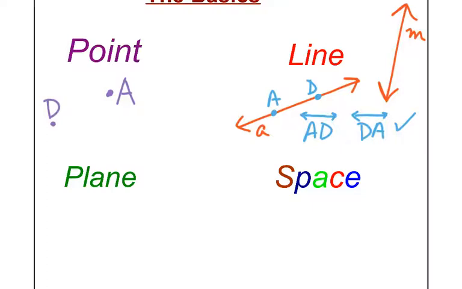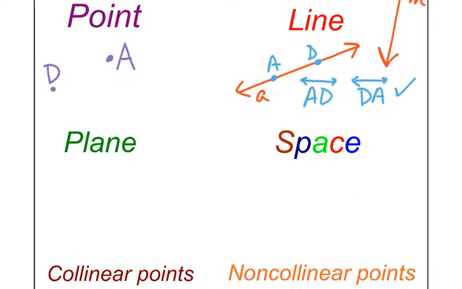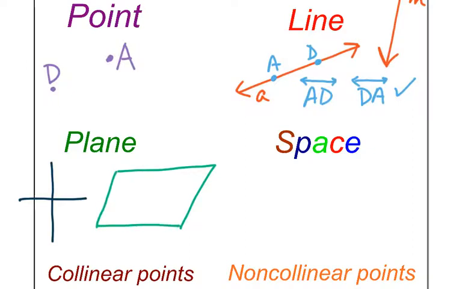Okay. Well, that's 1 and 2 dimensions. Let's stretch it out even more. Not 3 dimensions yet, but if we stretch out a couple of lines, we can make what's called a plane. And you might have seen planes back in algebra that look like this, the coordinate plane. And yeah, that works really well. But the way that we generally visualize planes in geometry are something like this. That's a plane.